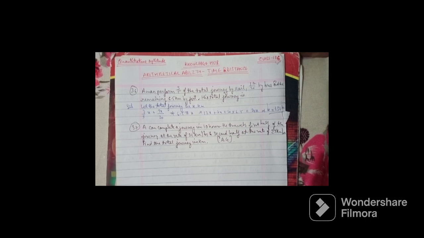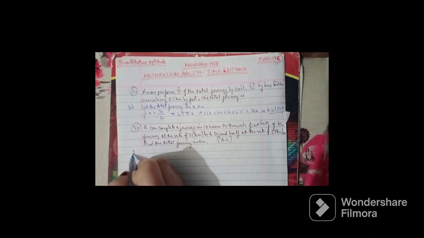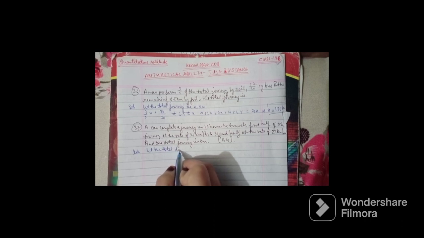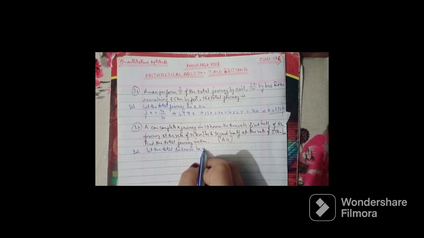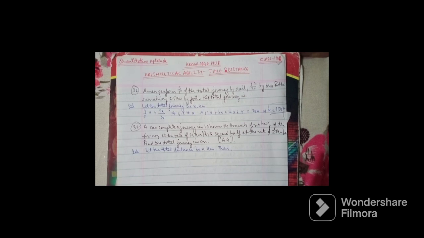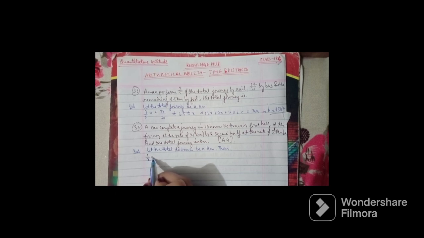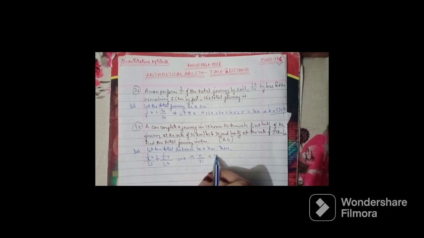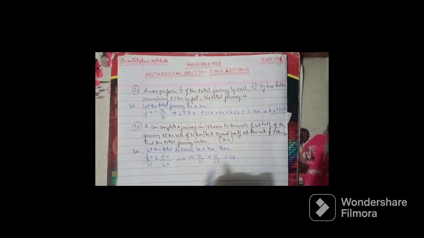Let the total distance be x kilometers. Then 1/2x upon 21 plus 1/2x upon 24 equals 10. That is, x upon 21 plus x upon 24 equals 20.